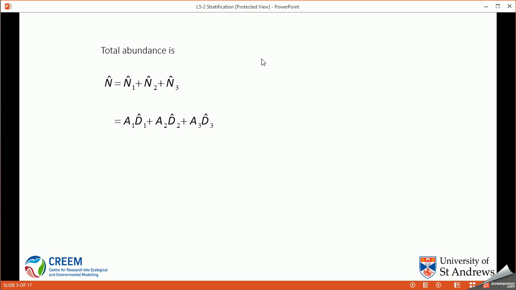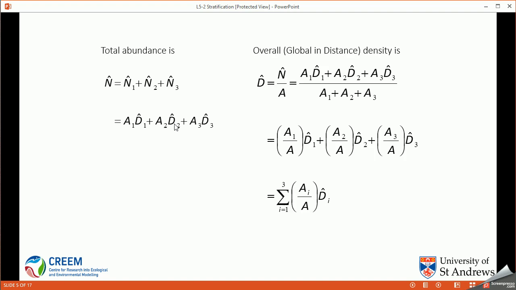So the total abundance, just rewriting it because this turns out to be a useful way of writing it, the abundance estimate for stratified surveys, is just the sum of the individual abundance estimates, which is the first area times the first density estimate plus the second area times the second density estimate, and so on.